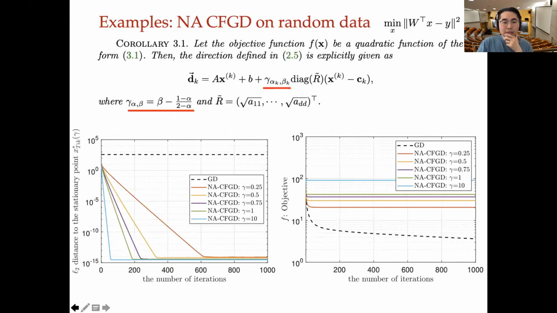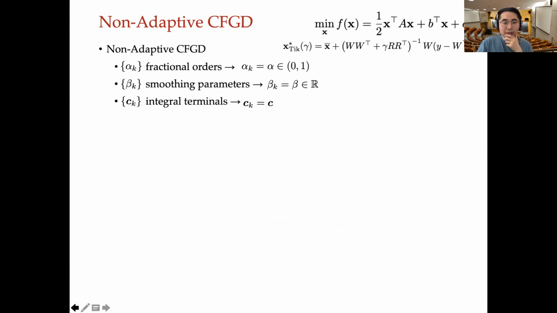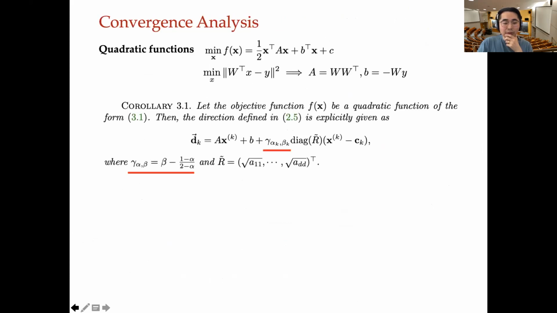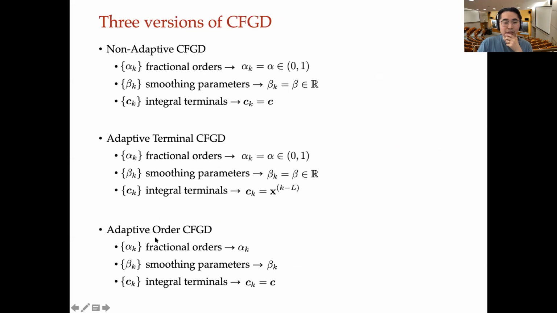I think that's a good question, but let me illustrate the point where I skimmed through the adaptive order part. Based on how we choose the fractional orders, what I derived is that it's not that sensitive to the choice of alpha k, beta k, but rather to whether the order converges to 1 or not.